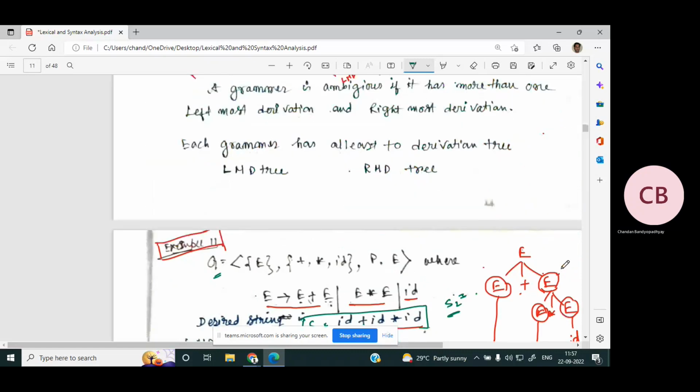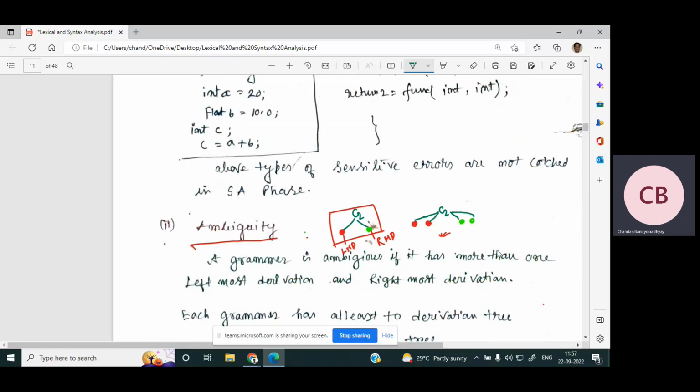Now I am coming to the design here. I was telling this initially. For the grammar, you will definitely obtain at least one LMD and at least one RMD. If that is the scenario, then the grammar is not ambiguous. But for a specific string S1, you have obtained one LMD, one RMD.